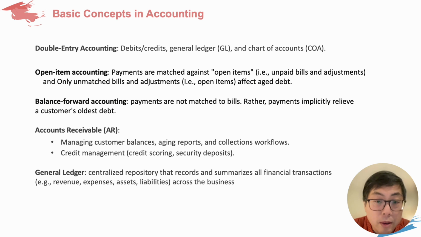Age report is similar, because age is determined by the frozen time of the financial transaction, and if it was frozen a long time ago and still hasn't been matched, then the age will be long. That's why balance forward always tries to recover the oldest debt, to make sure the oldest bills are paid first.